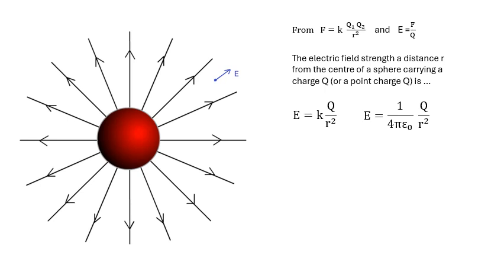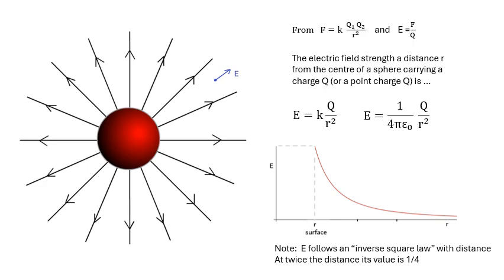Do you have to keep writing down 1 over 4 pi epsilon naught? Can you not just abbreviate that to K? The answer is, in OCR, no, you can't. You have to write down 1 over 4 pi epsilon naught. They might be generous and tell you that it's about 9 times 10 to the 9. It depends how friendly the examiners are that year. Nevertheless, big E is 1 over 4 pi epsilon naught Q over R squared.